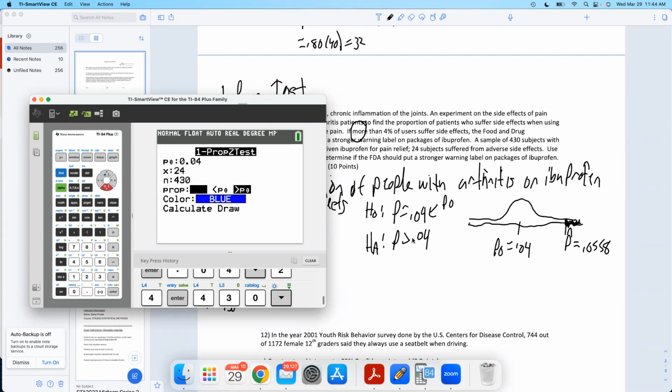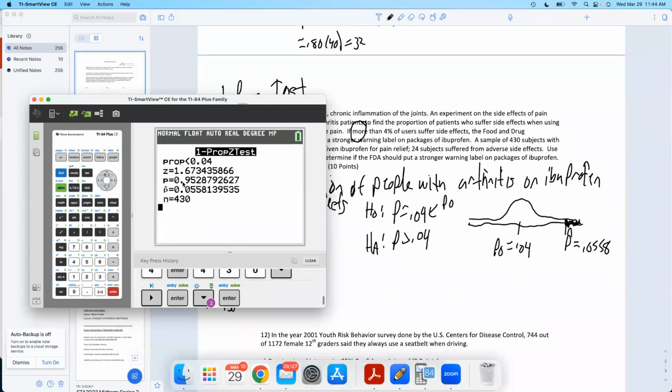And then what did I write for my alternative? Watch this. I'm going to show you something. I'm going to do this wrong. I'm going to pick the wrong alternative. I picked less than when it was supposed to be greater than. Hit calculate. If you ever get a p-value bigger than a half, you goofed. That's 95%.